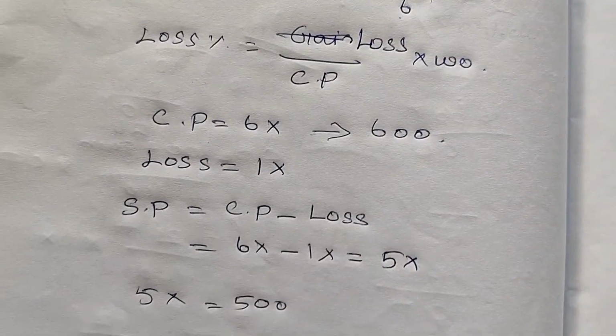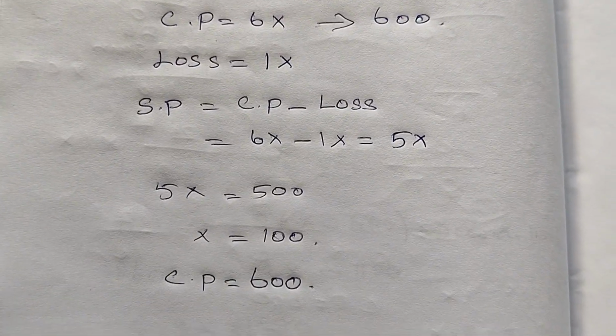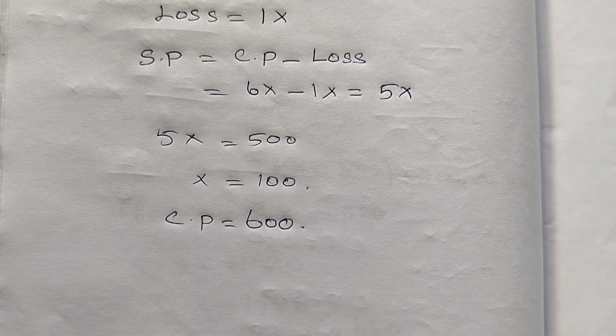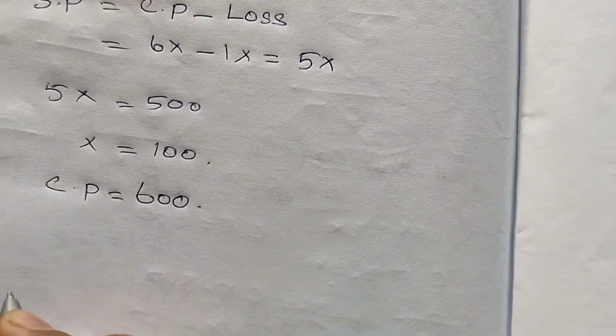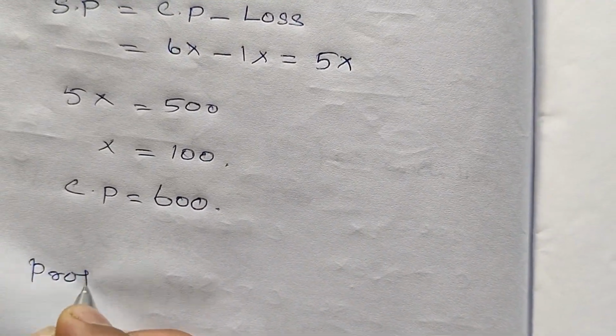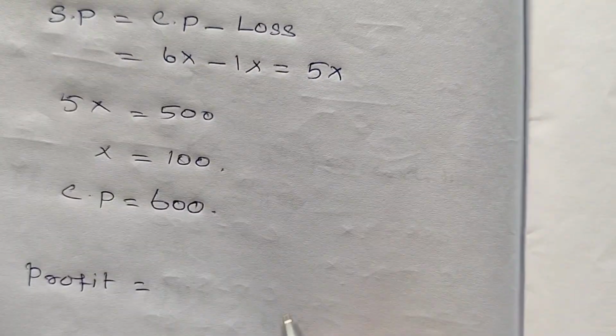When we find the cost price, we can easily calculate the selling price for the profit percentage. Profit you have to take as 20%. Always, profit or loss is calculated on the cost price only.